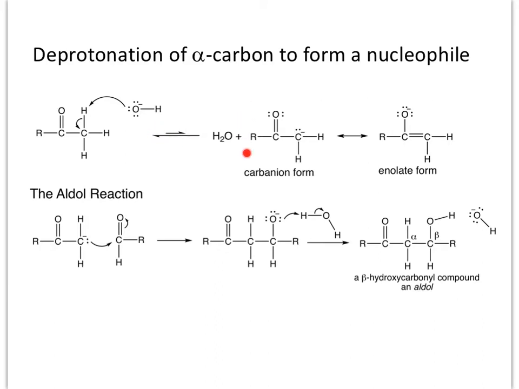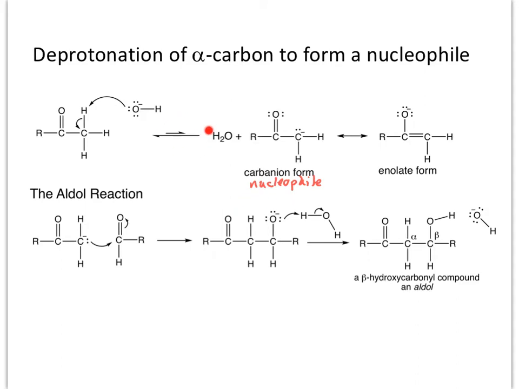But all we need is enough yield of our carbanion form, which will be our nucleophile. And so we don't have to get 100% yield. We just have to get enough yield of our carbanion form so that we can have enough nucleophile that the rate of our reaction will be acceptable.